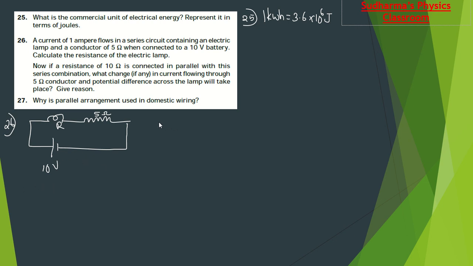So current is given as I is equal to 1 ampere as per the question. The extra resistance, the conductor, is equal to 5 ohm and voltage V is equal to 10 volt. The lamp and the external conductor are connected in series. So R series, RS, is equal to R plus 5, that is R1 plus R2.